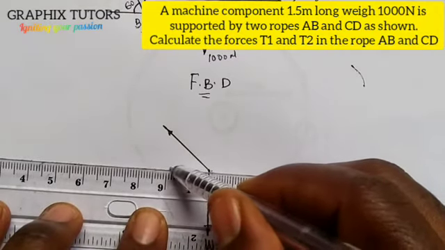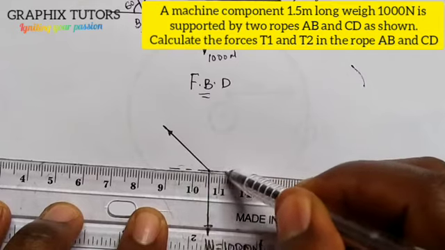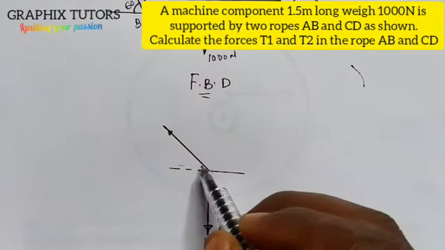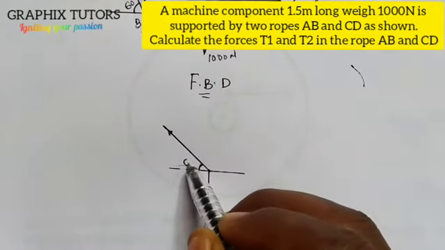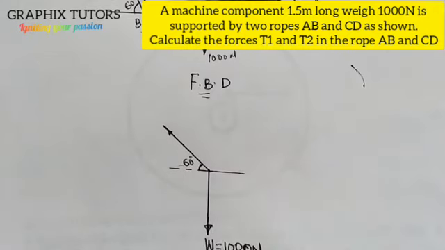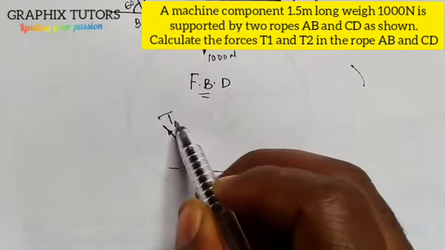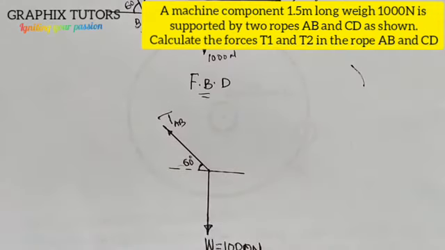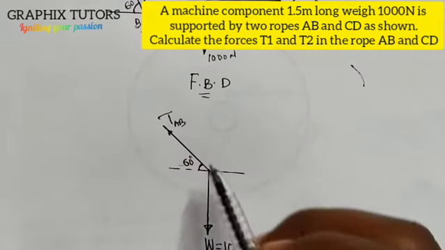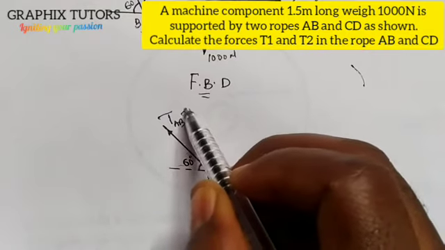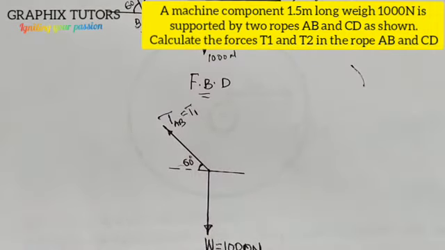So I'll just show this. The angle here is 60 degrees, and I'll call it TAB, which is also known as our T1. I'll call it T1.